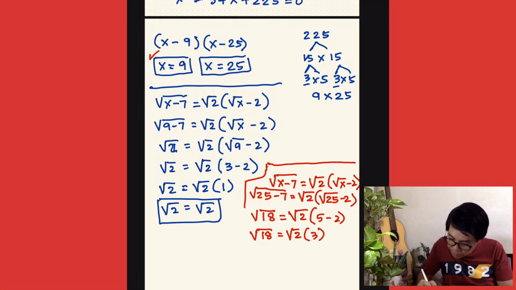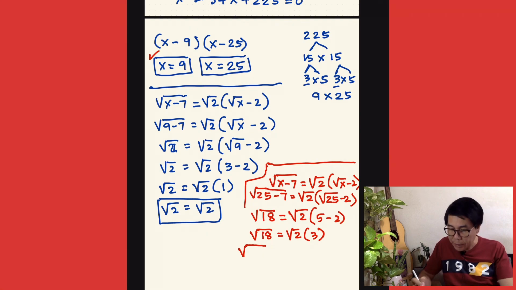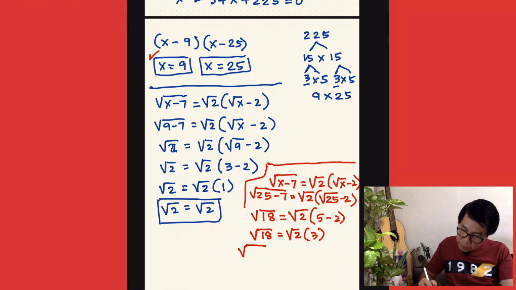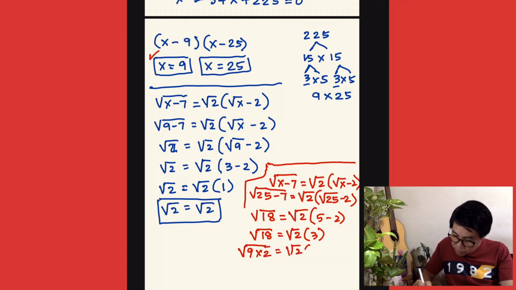So we can simplify square root of 18. In my previous video, I discussed how to simplify: find the biggest square number that multiplies to get 18. That square number is 9, and 9 times 2 is 18. So it is square root of 9 times 2.